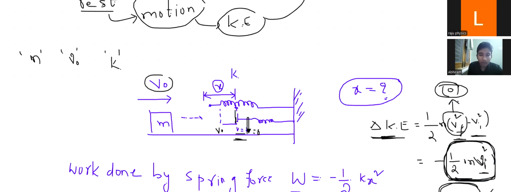Very good. The final velocity becomes zero. Excellent, Abhi.